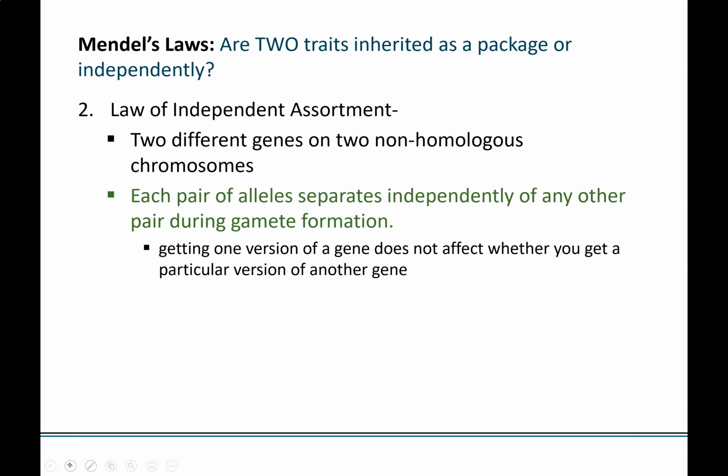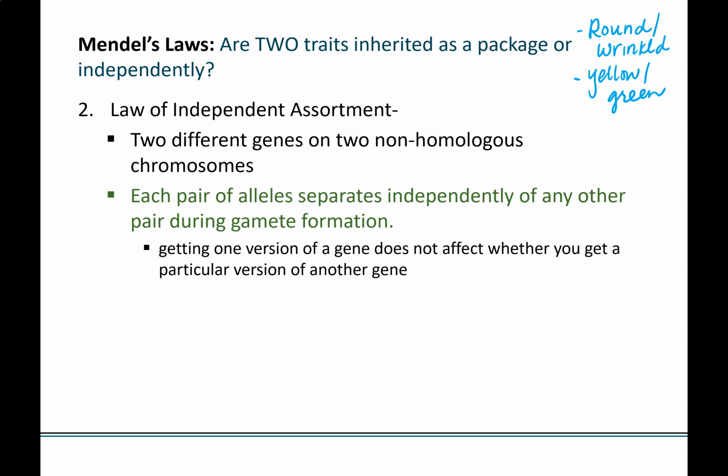But what happens if we want to look at two traits together? So let's say we want to look at seed shape, whether they are round or wrinkled, and seed color, whether they are yellow or green. What happens when we start looking at two of these traits?